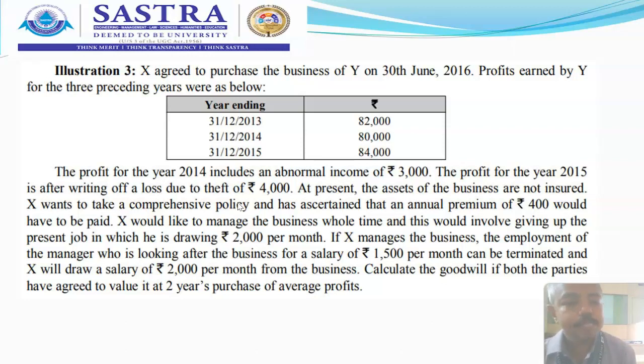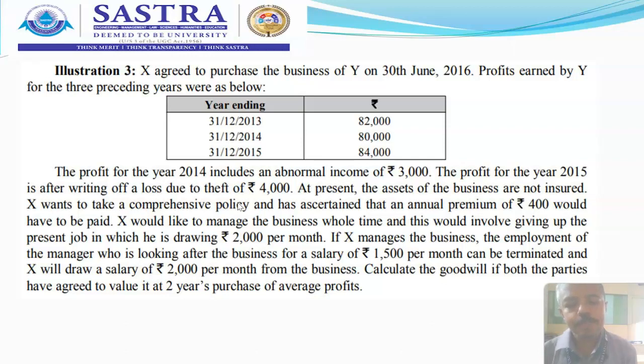Any other adjustments? Yes, Mr. X is expected to get a salary of rupees 2000 because he is going to employ himself full time in this business. So 2000 salary multiplied by 12, you will get 24,000.